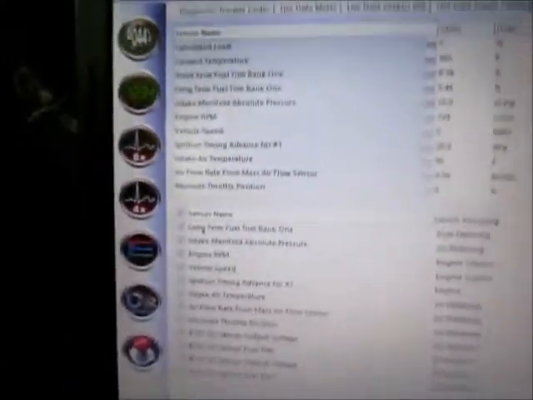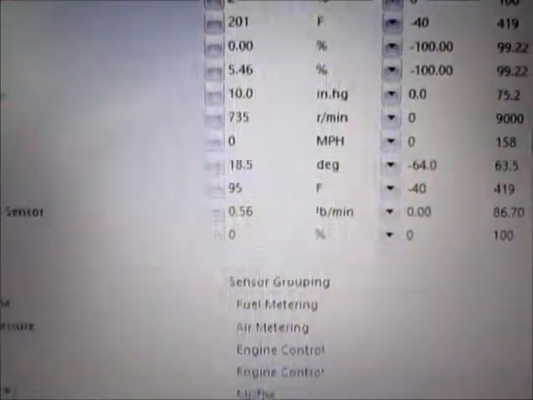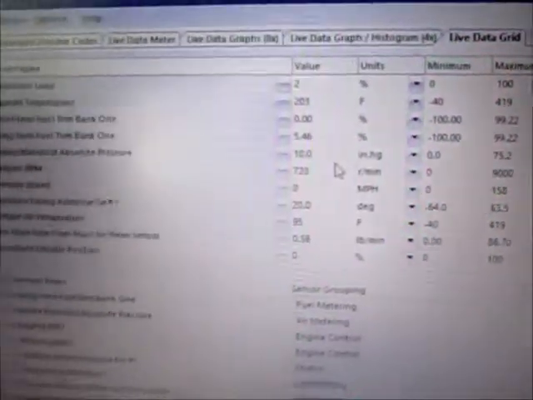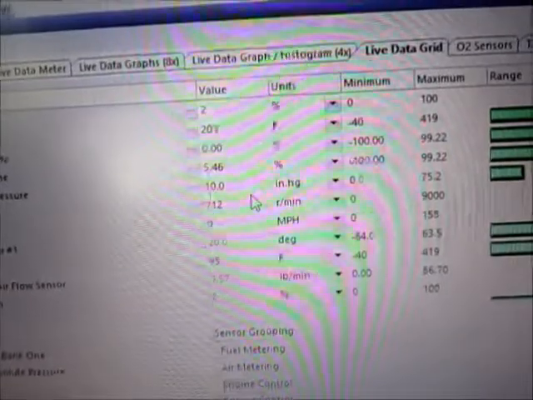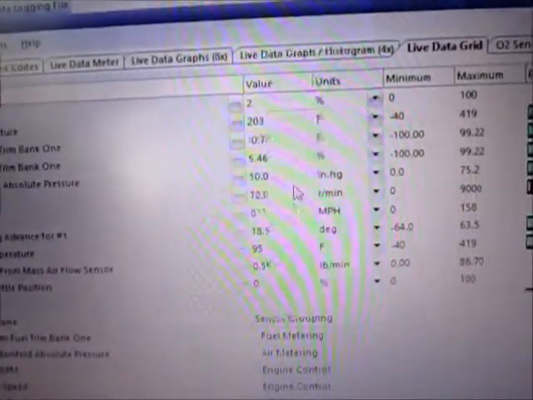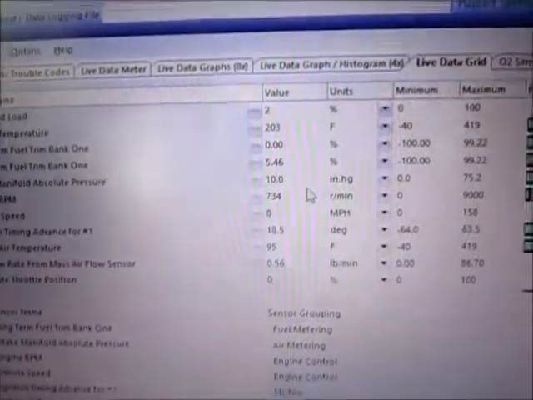Okay, so let's look at our intake manifold absolute pressure. It's at 10 inches of pressure. At sea level, your air pressure is about 29 inches.